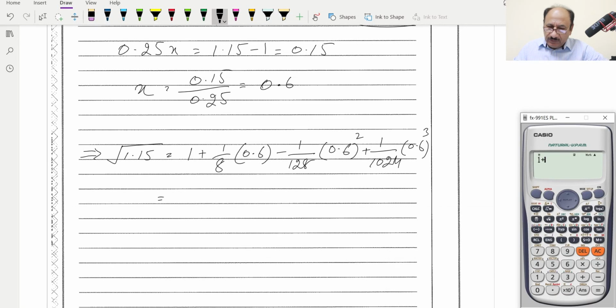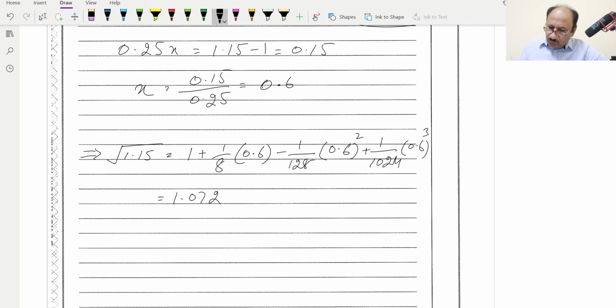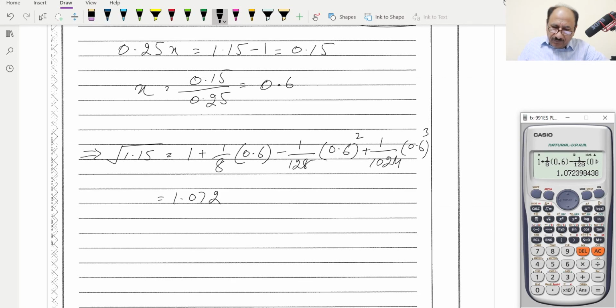So it will be 1 plus 1 over 8, and this will be multiplied by 0.6, and minus 1 over 128, and this will also be multiplied by 0.6, and this should be squared, and plus 1 over 1024, and this one will be 0.6, and this will be cubed, and this is equal to 1.0723984 and 38.